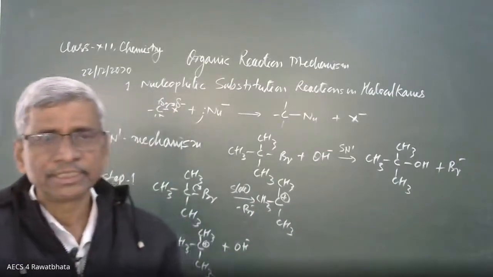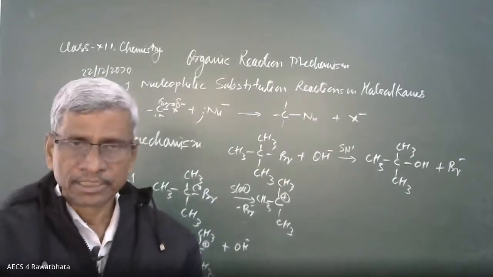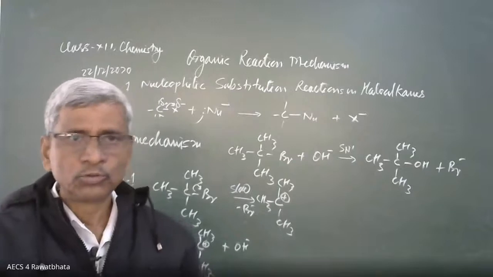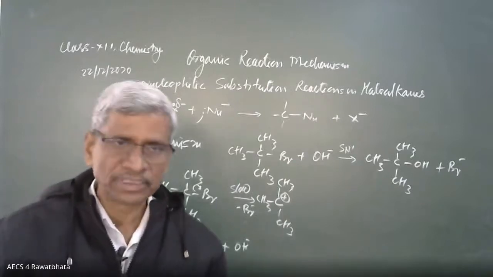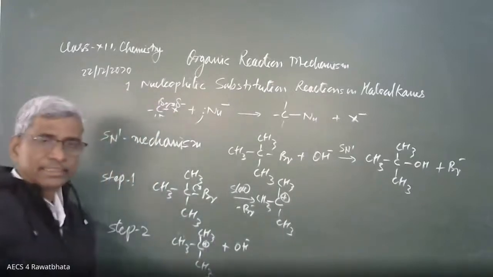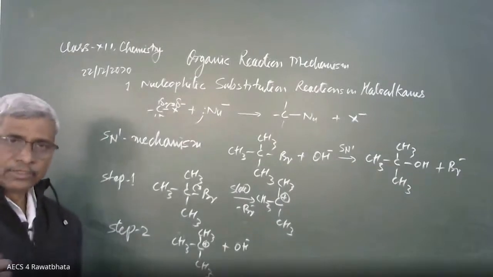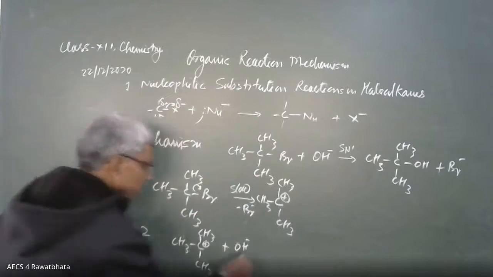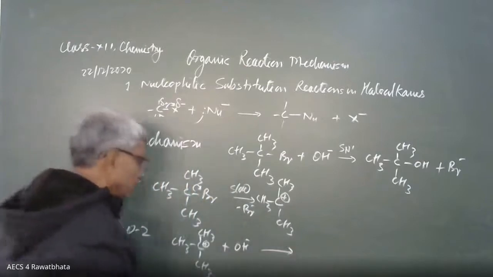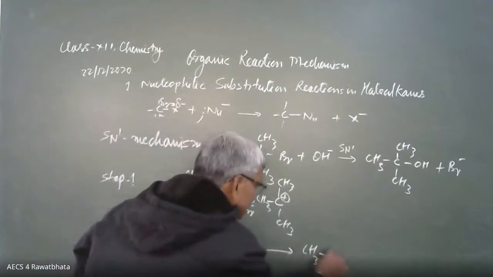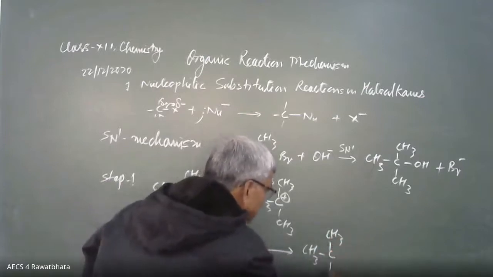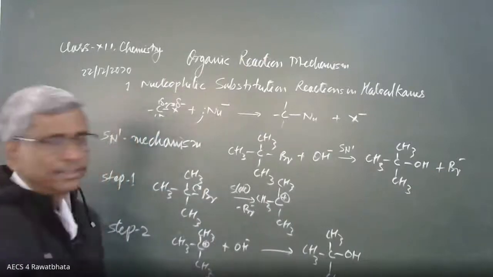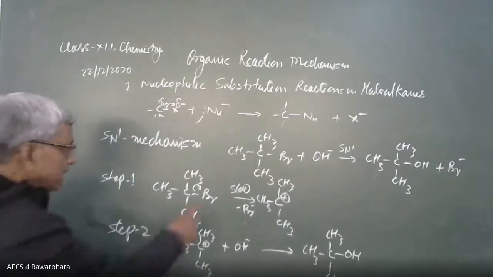Substitution by OH, substitution by CN, substitution by NO2, so many varieties of substitutions are there. KCN, AgCN, KNO2, AgNO2, such types of substitutions are there. This forms the final product, CH3, here is C, here is CH3, here is CH3 and OH. This is the reaction.